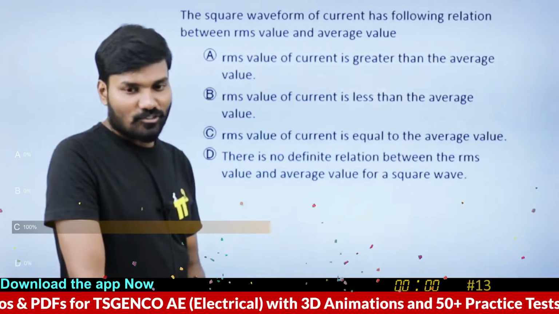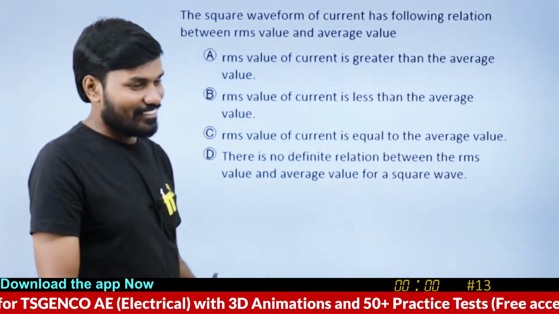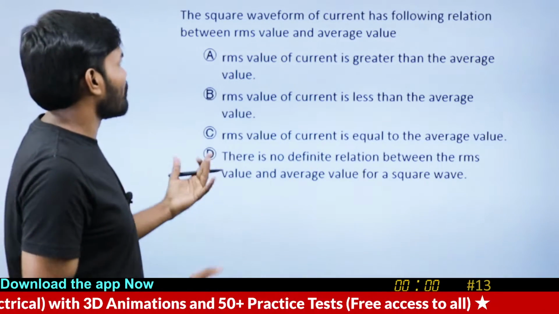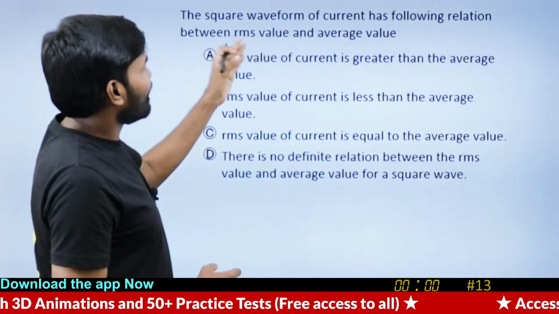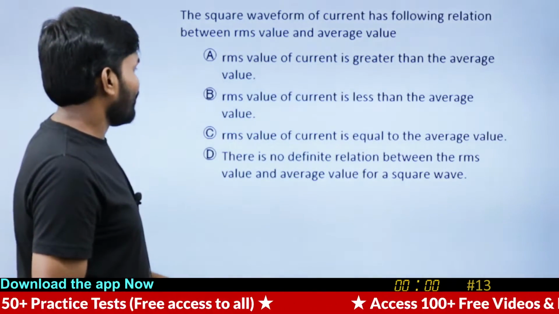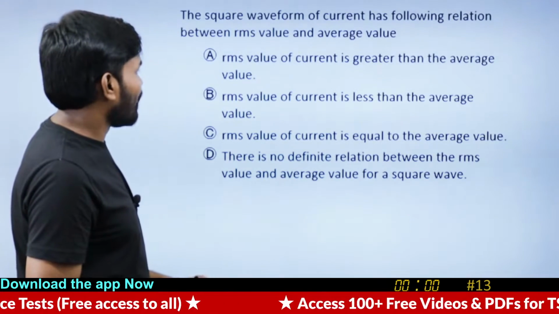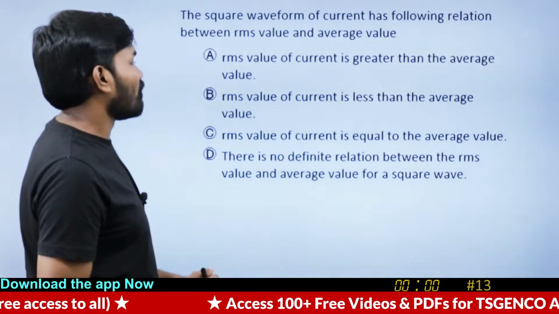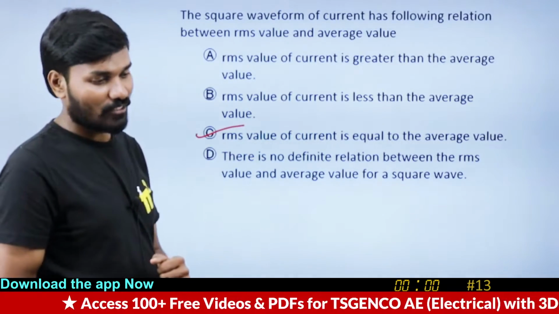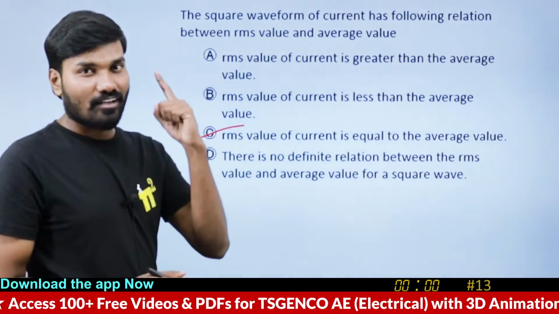Okay. So let's see whether C is right or wrong. I think it must be right because for a square wave we have seen that already in the videos. It's a relation between RMS value and average value. We've seen that RMS value of the current is equal to the average. So basically form factor is 1.